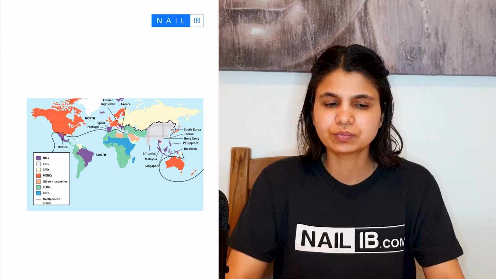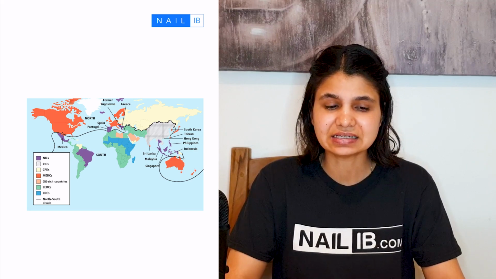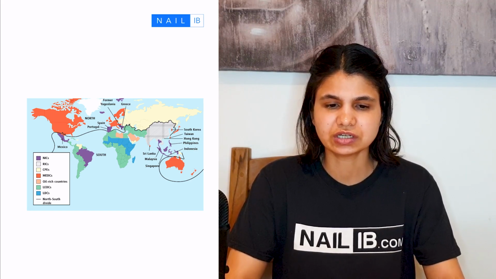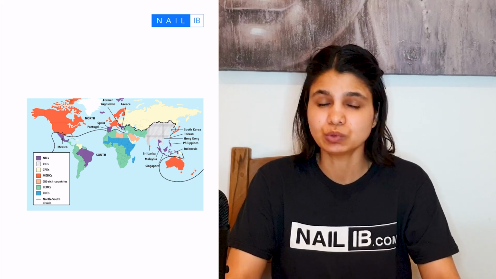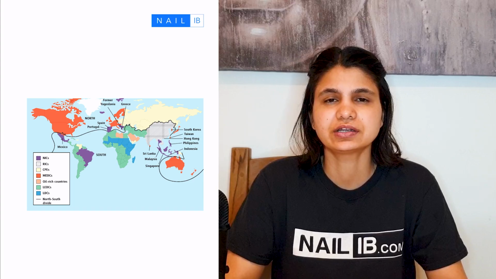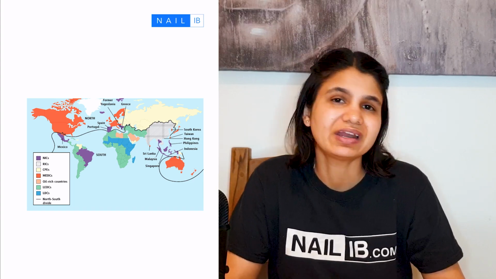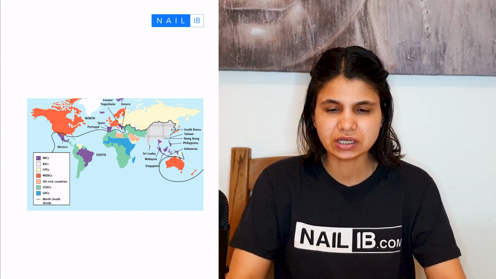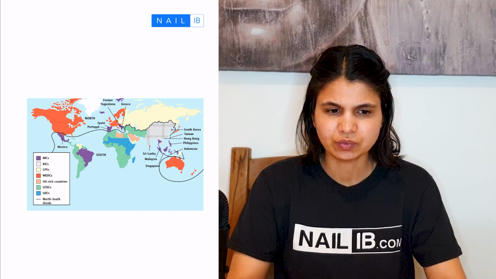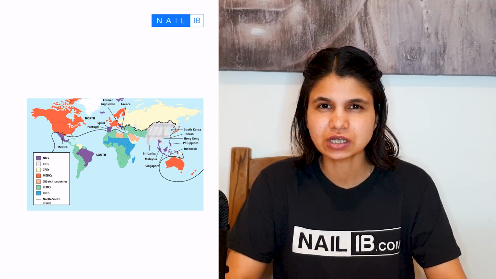Then there is a gap between LEDCs. So the least developed countries, obviously, you would see some of these African countries in that dark blue color. So this is an area that is actually struggling in terms of economic development. And if you see this line that is passing through, it sort of gives it a north-south divide.